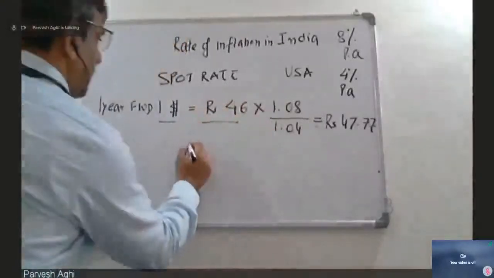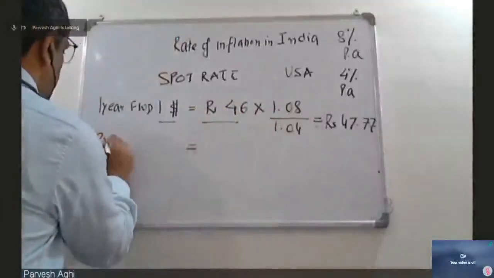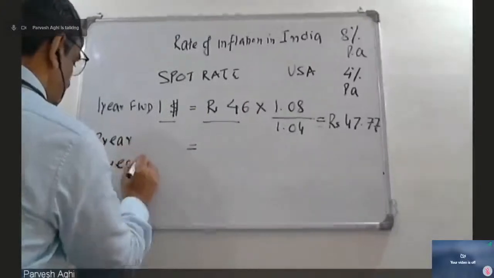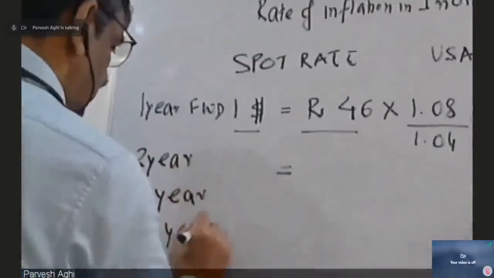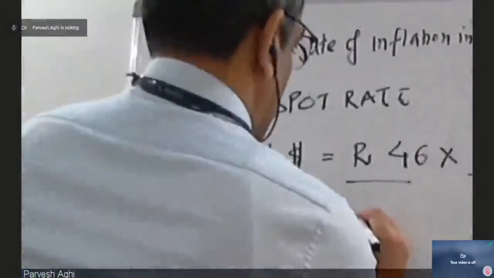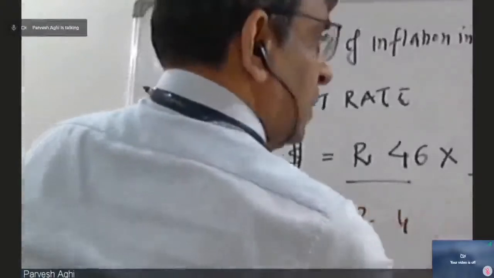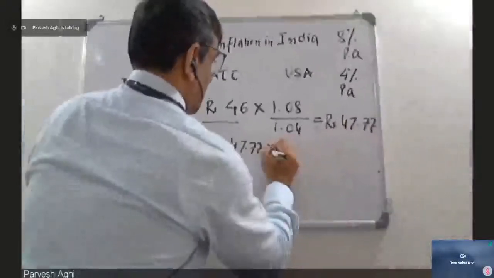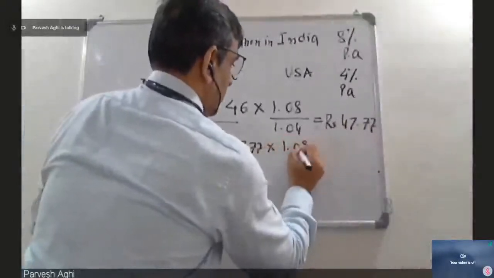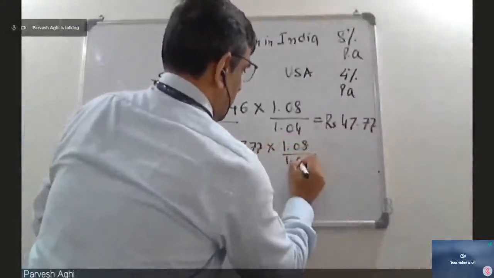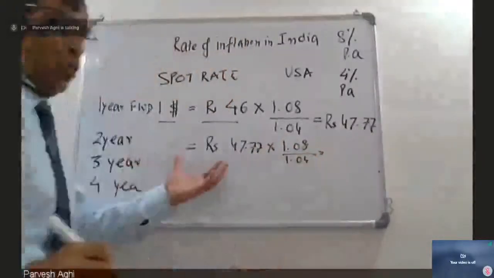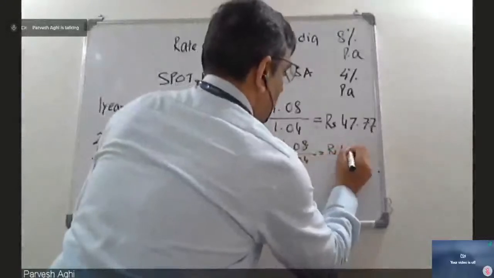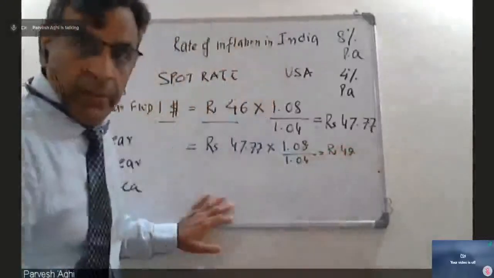Similarly, we can calculate a 2-year rate, a 3-year rate, and a 4-year rate. Now we will take 47.77 multiplied by 1.08 divided by 1.04. We solve this, you get rupees 49.61.